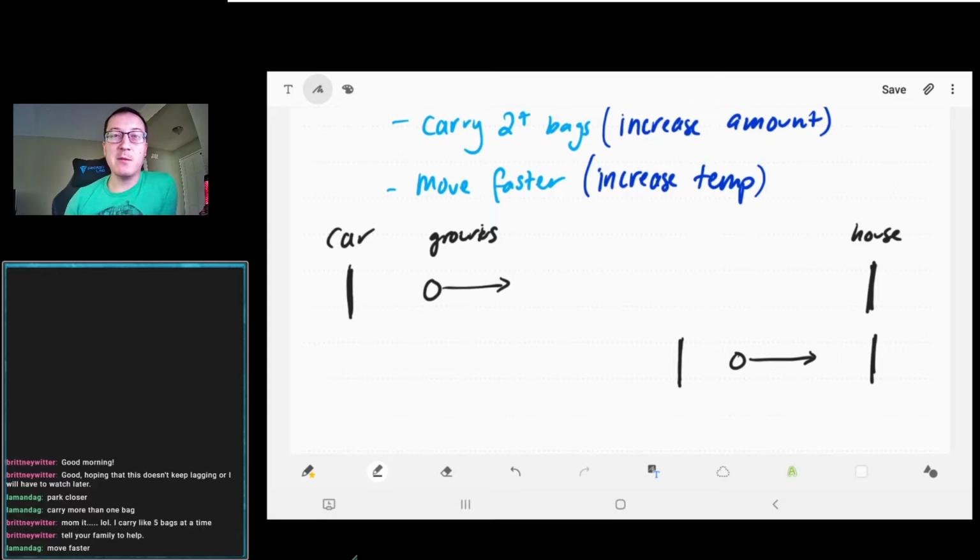And that's going to happen more often than before. We could also say I'm bringing in groceries more quickly. The fewer trips I have to take, that's higher pressure. And as Brittany said, with 5 bags, you can think about it that way too. You have high pressure so that you don't accidentally trip and launch all your groceries all over the place.